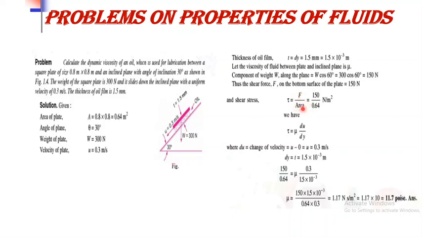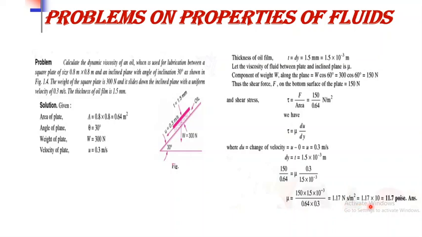The cross sectional area is known. By putting these two values, we get the value of stress. Then by using Newton's law of viscosity, the change of velocity is known, it is 0.3 meter per second, and the change of distance is known, it is 1.5 into 10 raised to minus 3 meter. By putting all known values in the equation, we can calculate the unknown value, that is the dynamic viscosity.